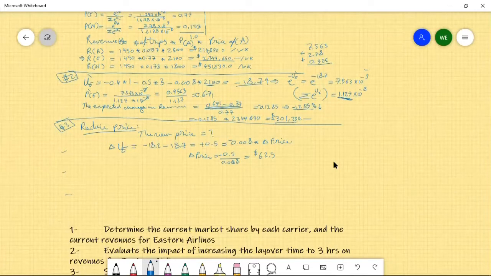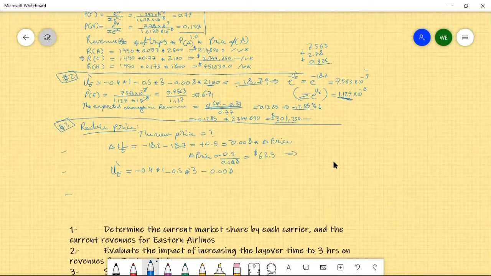Let's see. So U E dash equals minus 0.4 multiplied by 1 minus 0.5 multiplied by 3 minus 0.008.